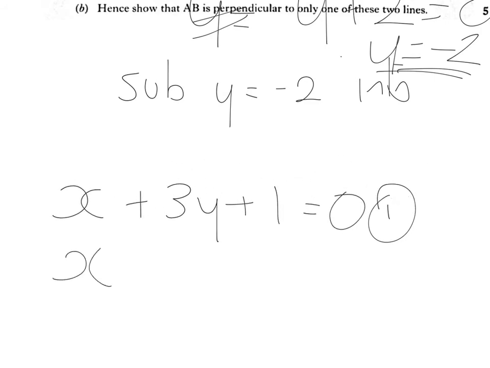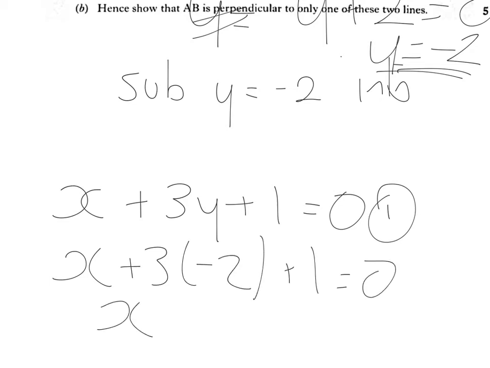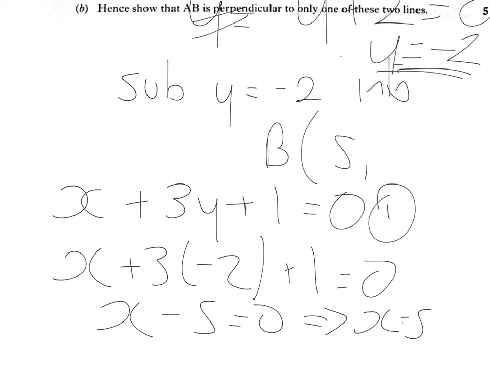So that will be x + 3 lots of -2 + 1 = 0. So that's x - 5 = 0, which means that x = 5. I've now got my point of intersection for B, which is (5, -2).